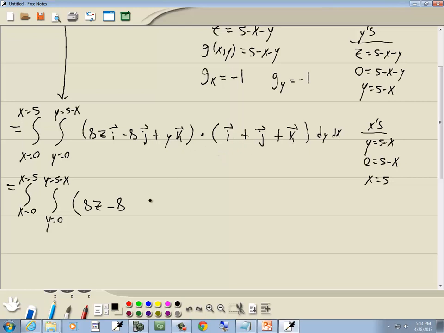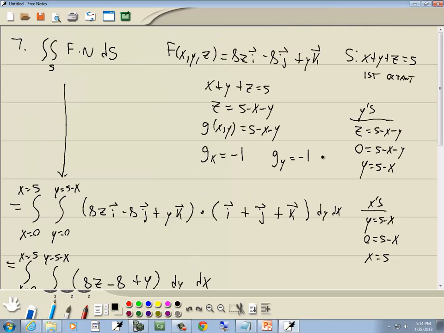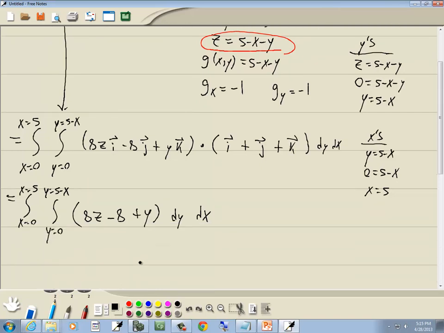So y times 1 is y. dy dx. Now we can't have any z's here. But remember, we know what z is. Right up here we said z is equal to 5 minus x minus y. Now I could have plugged it in early on, but I thought it might be easier if I just go ahead and do it the way it is and then plug it in.